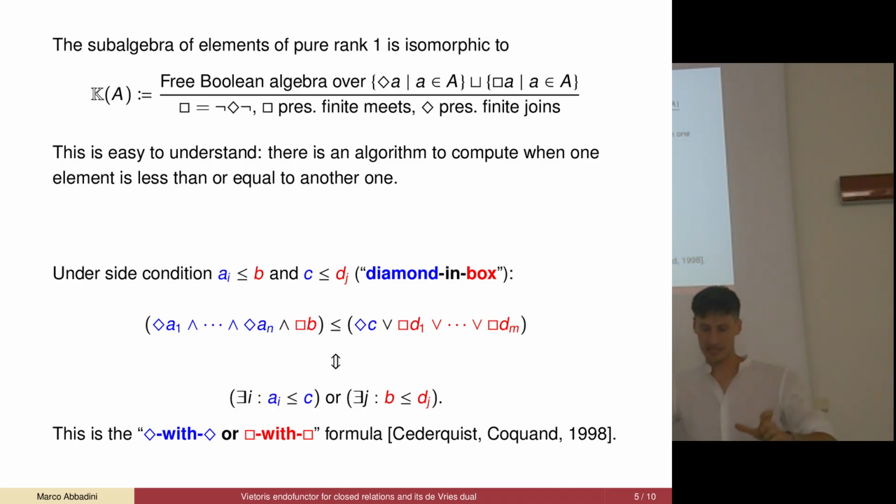And the side condition tells you that on both sides, so let's first look at the left-hand side, each element in the scope of the diamond is below the box element b. And same also here. The diamond element c is below each element in a box.